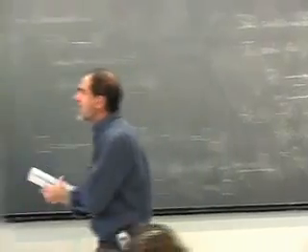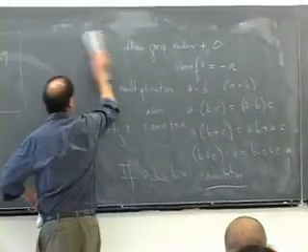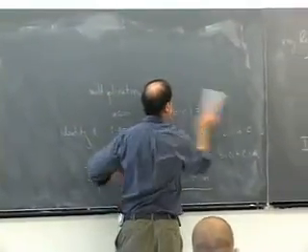Okay. Now, we saw that the ideals always contain the following. There are always two natural ideals in a ring, just like there are always two subgroups of a group.